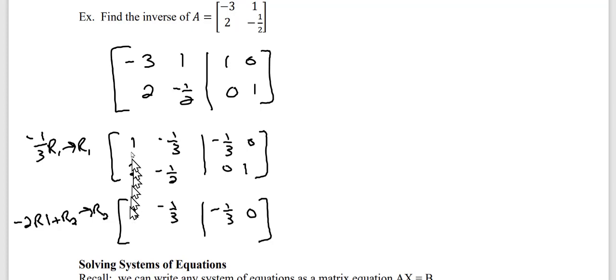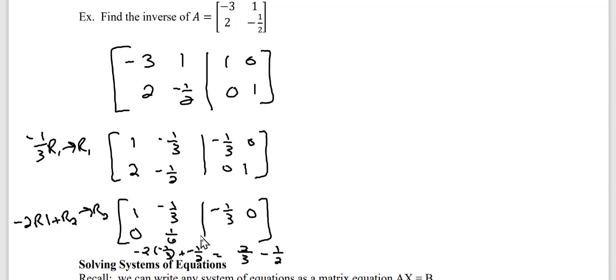-2 times 1 plus 2 is 0. This entry here is going to be -2 times -1/3 plus -1/2. So that is 2/3 minus 1/2, or 4/6 minus 3/6.